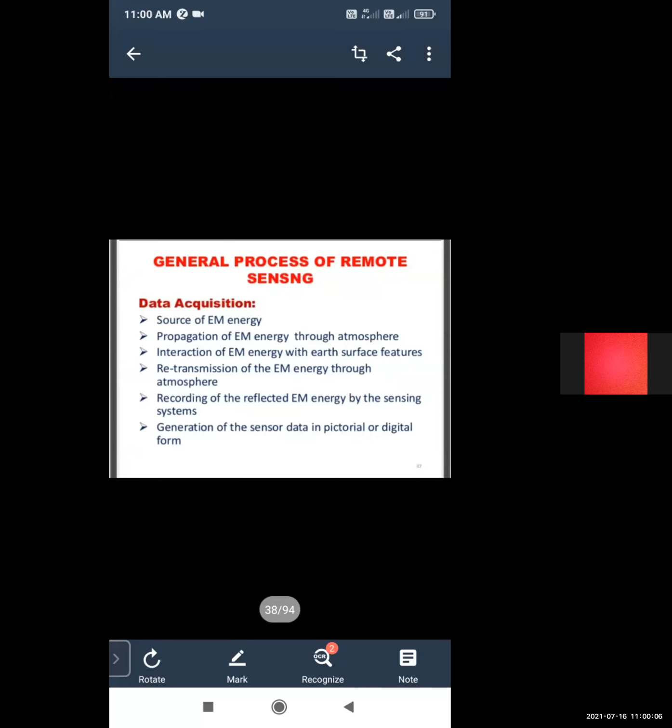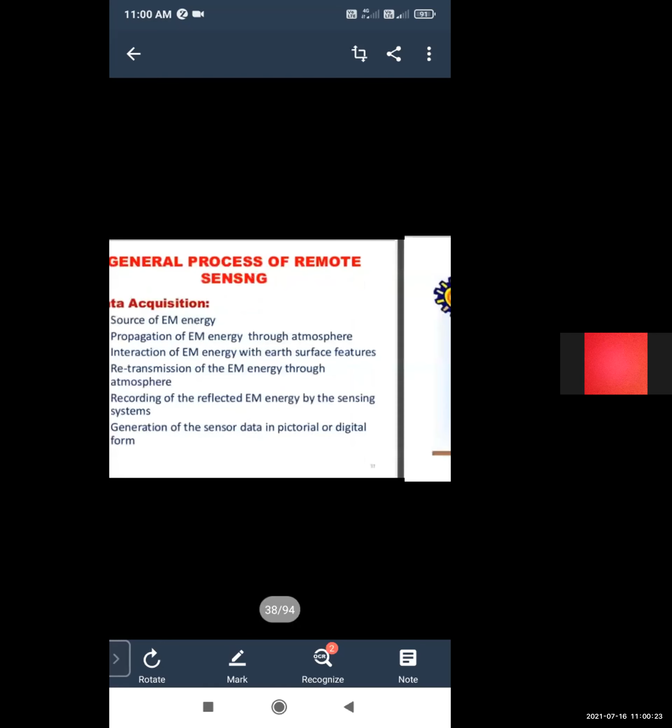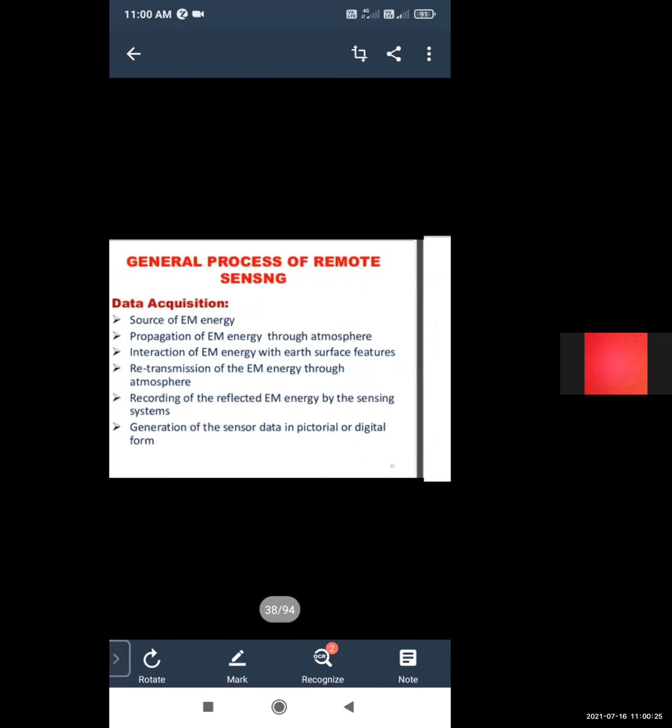Then generation of sensor data in pictorial or digital form, that is the interpretation or processing of the data, or image processing. So this is the last step for data acquisition.